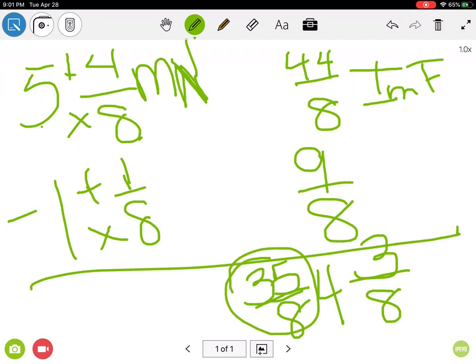I got an improper fraction as my answer. And then I changed my answer into a mixed number. It's a lot of changing. Change from this to this, from this to this. Okay? It's like, think about it when you're outside, you put your umbrella up. If it's raining, you put it down. You put it up, you put it down. It's the same thing. Back and forth, back and forth.